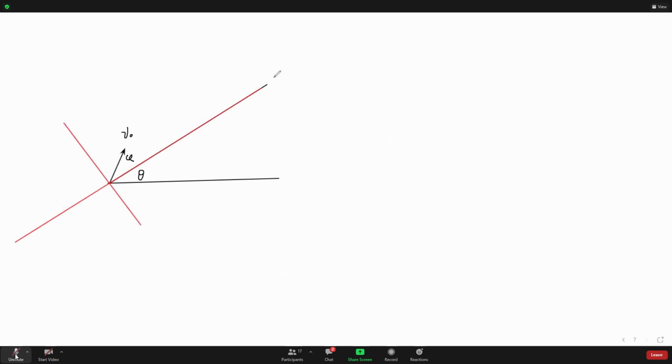So this becomes the x-axis, and this becomes the y-axis. Now I still have the acceleration due to gravity acting that way.